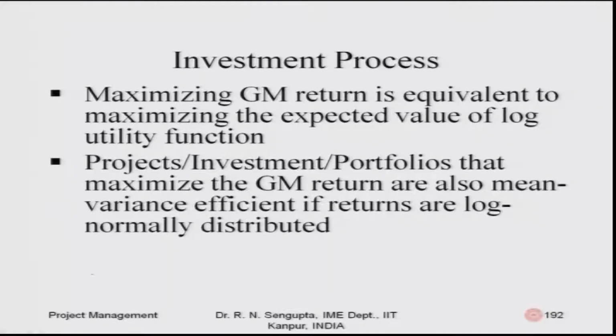So, in case the prices of the stocks, the prices of the investments, are log normally distributed, then the best policy which we get for any project, any investment, any decision using the mean variance concept also comes out to be true if you are considering the concept of geometric mean return. I am just mentioning these as important points, not to be dealt with in a theoretical framework, but more from the practical point of view, to try to understand.